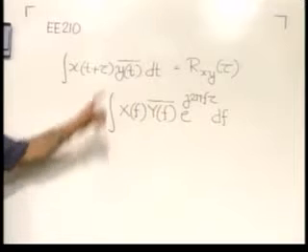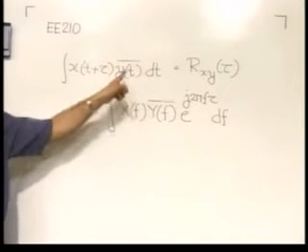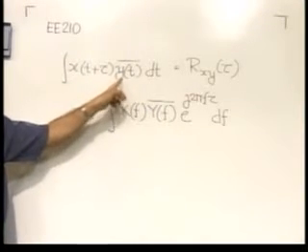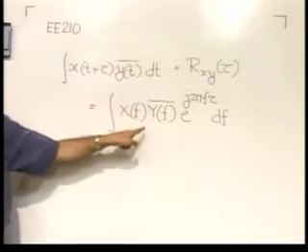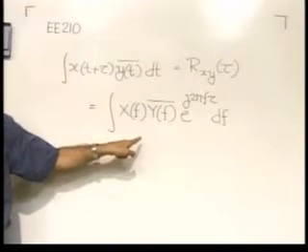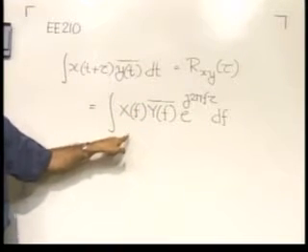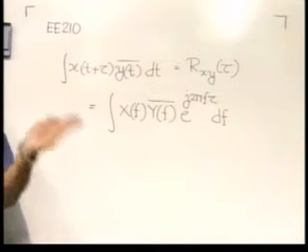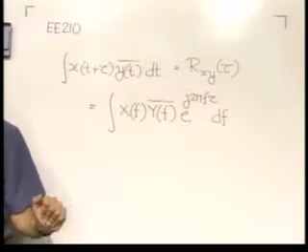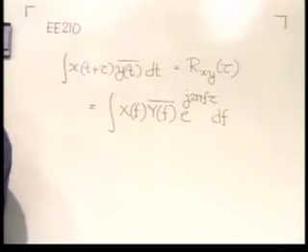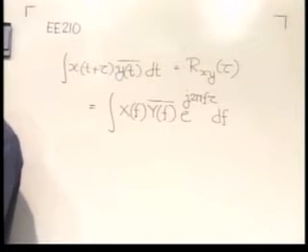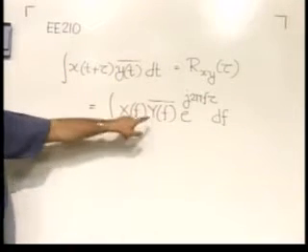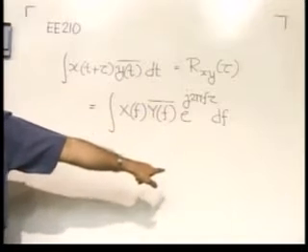And because of this relationship, the cross correlation can also be thought of as the inverse Fourier transform of the product of the Fourier transform X(f) and Y bar(f). This gives us an interesting way to calculate the cross correlation, which might sometimes be very convenient. We could take the Fourier transform of the waveform that we've transmitted and multiply it pointwise with the Fourier transform of the incoming waveform.